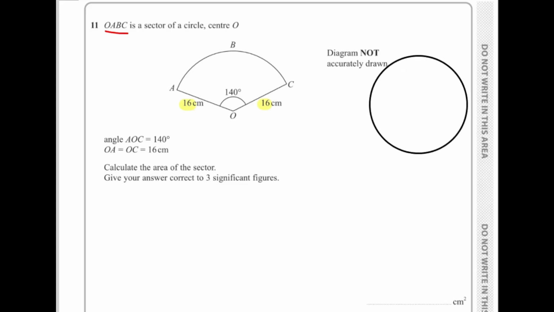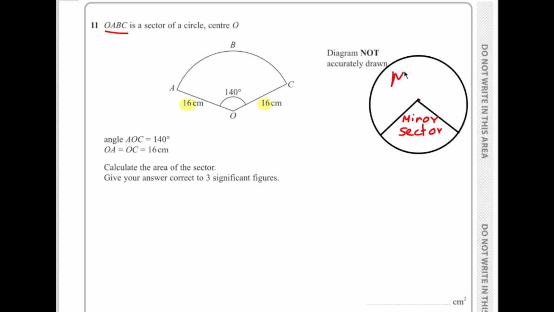If you cut out a piece like a piece of pizza, this part is called a sector. So this is a sector. This is a minor sector.